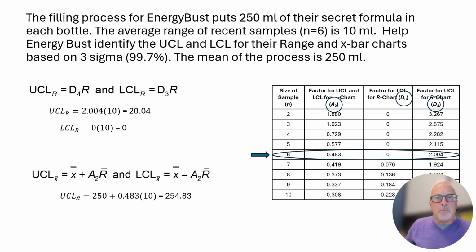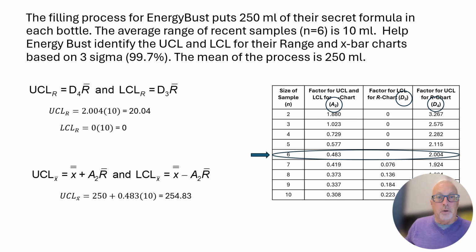So X double bar, that means what is the grand mean? It means what is the mean of a whole bunch, usually 20 samples. And that comes from right up here in the first sentence. It says Energy Bust puts 250 milliliters in their formula.